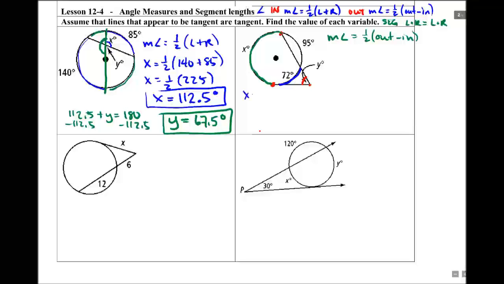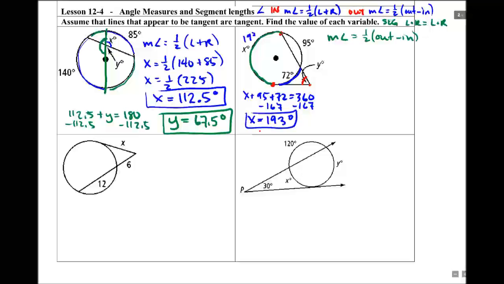We know that x plus 95 plus 72 is going to be an entire circle. All right, so I'm going to subtract 167 from both sides, and x is going to equal 193 degrees.